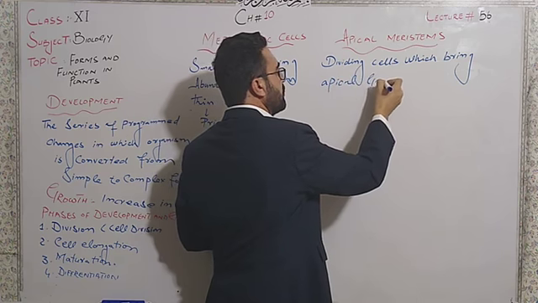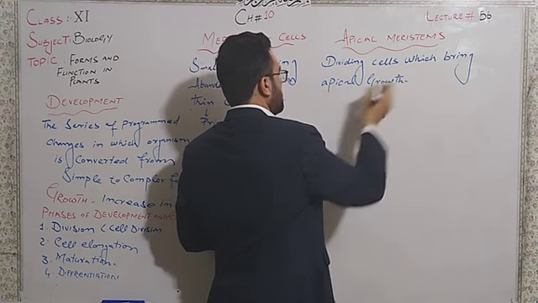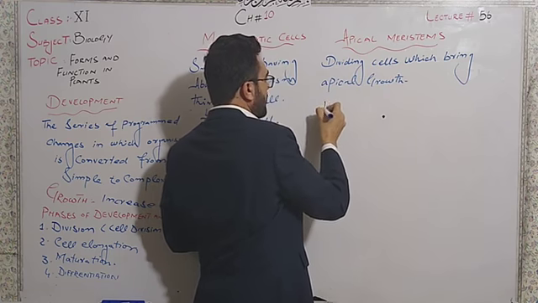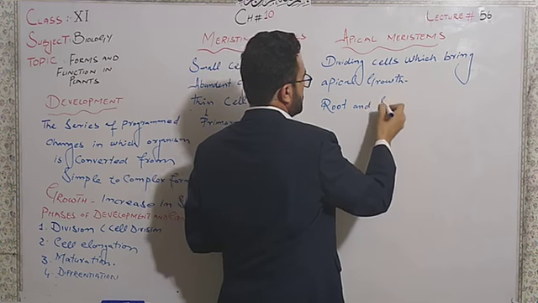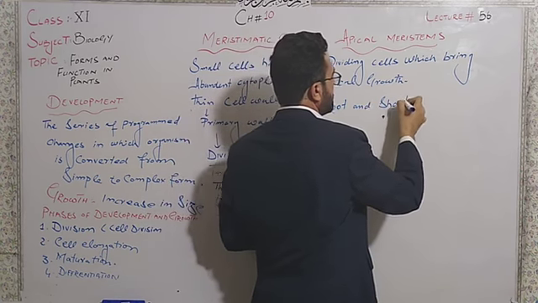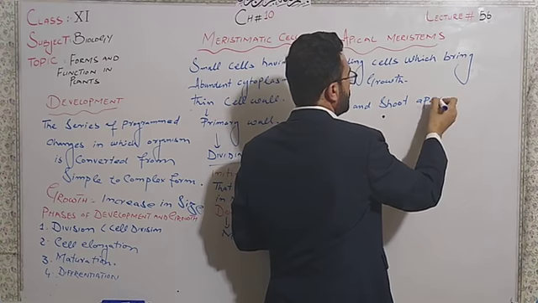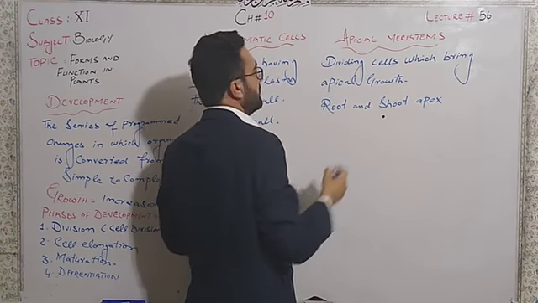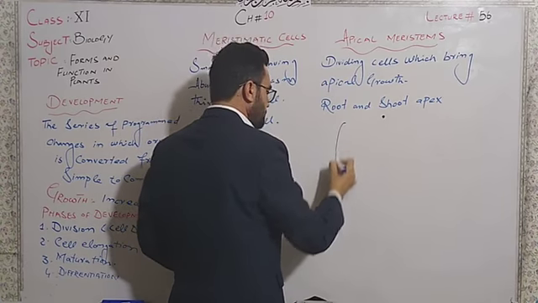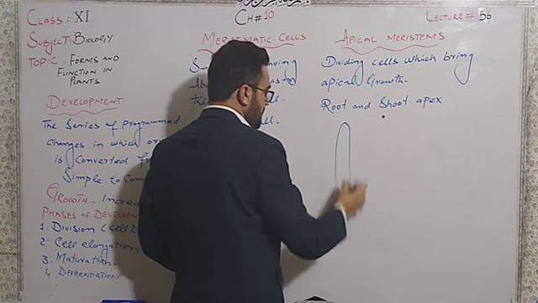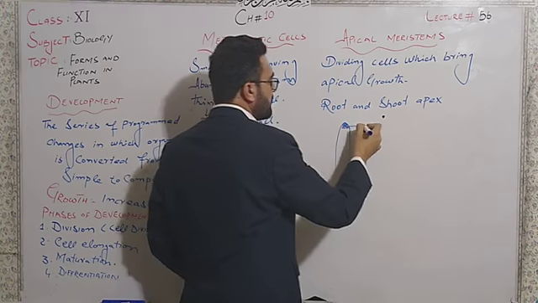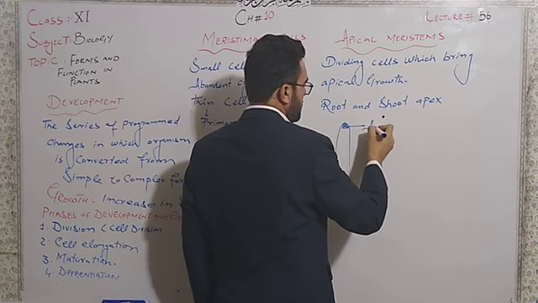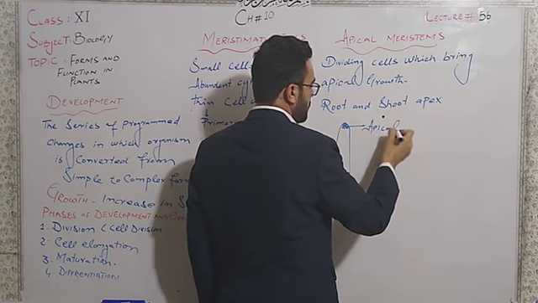Now, what is apical growth? The root and shoot apexes have the apical meristematic cells. For example, this is an apical region, so here the apical meristem cells are located.